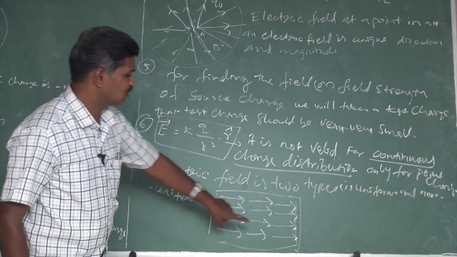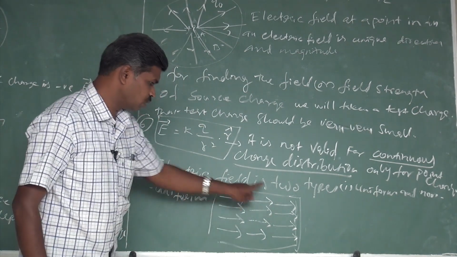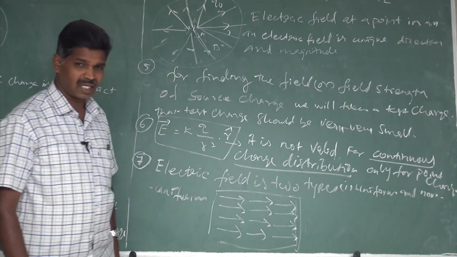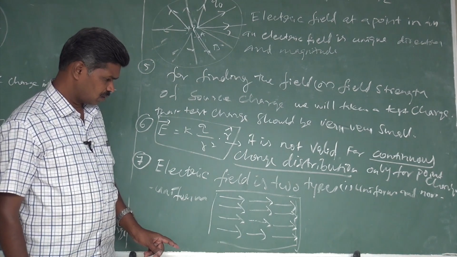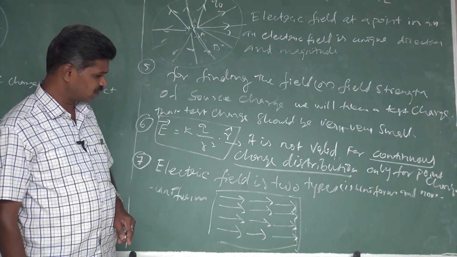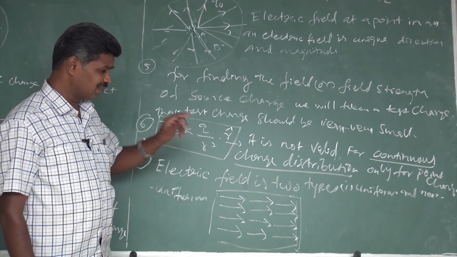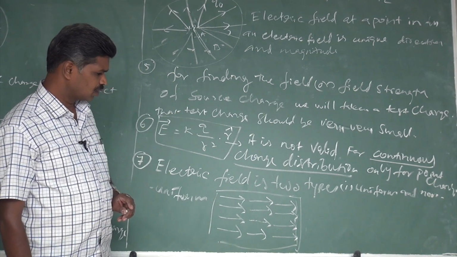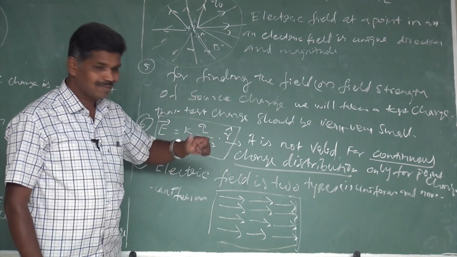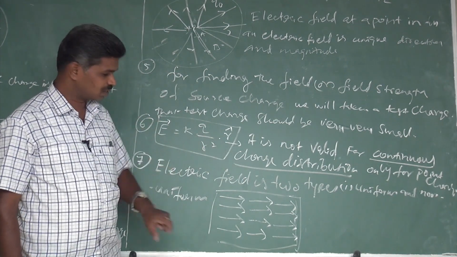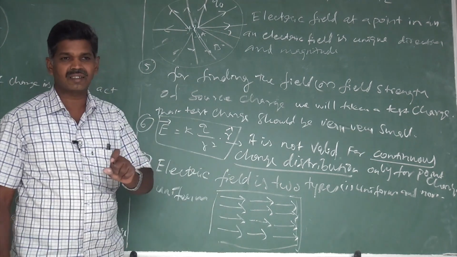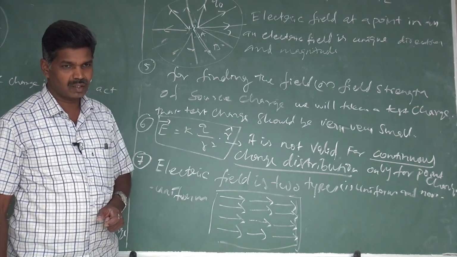So this region has a uniform electric field, meaning the magnitude as well as the direction are the same. In a picture, the line with an arrowhead should be of equal length and the same direction all over the region. Then only this region contains a uniform electric field.